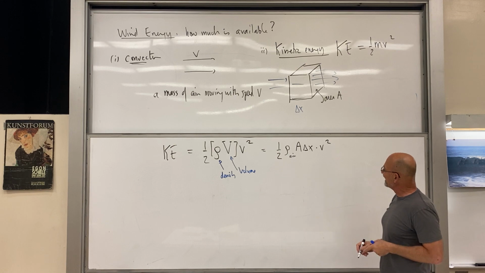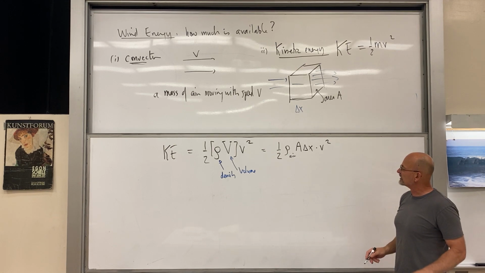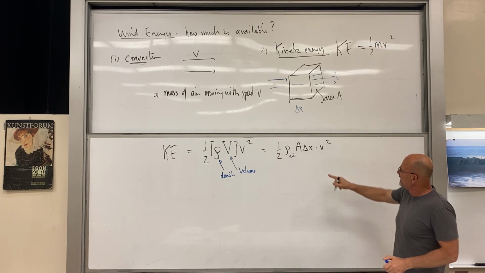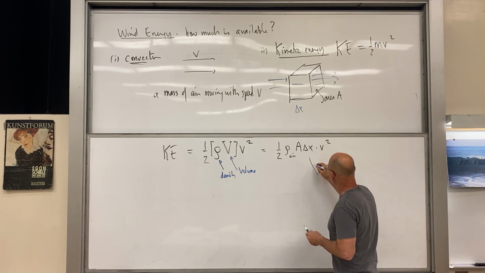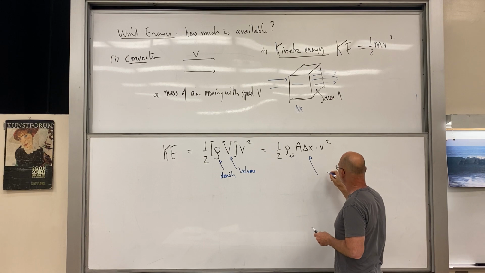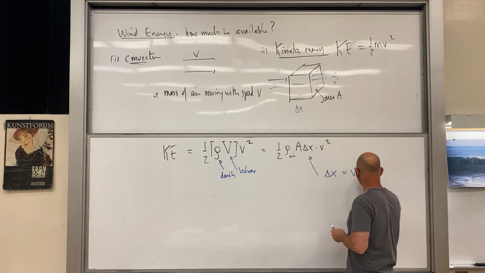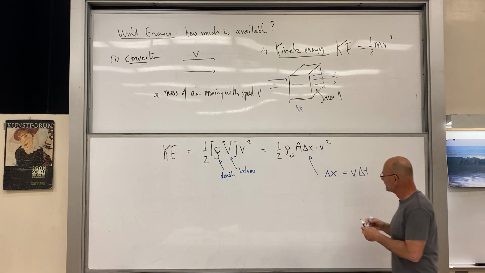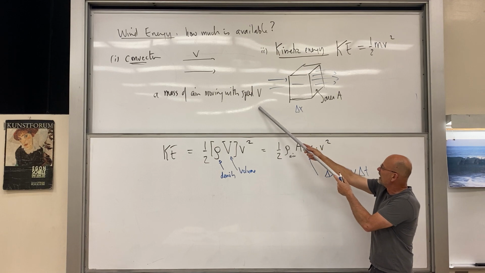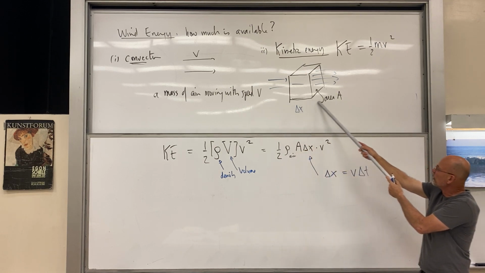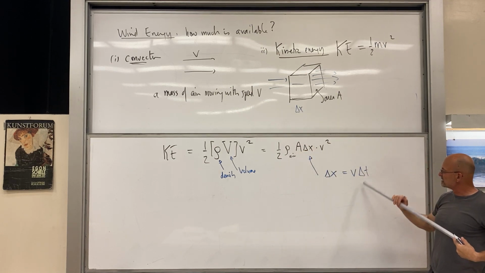So that's kinetic energy. We're almost done. Watch this. Now, delta x is equal to v times delta t. What I'm saying is the air traverses the width of that box in a time delta t.